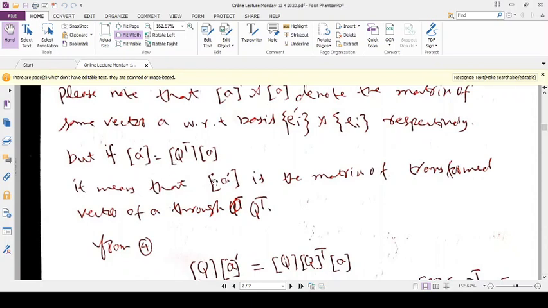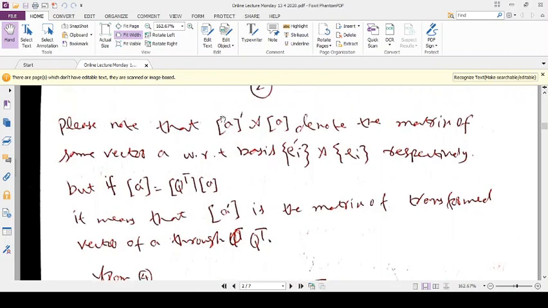So the difference between this and this is that this is the matrix of vector A with respect to basis e_i dash, and this is the matrix of the transformed vector of A through Q transpose.